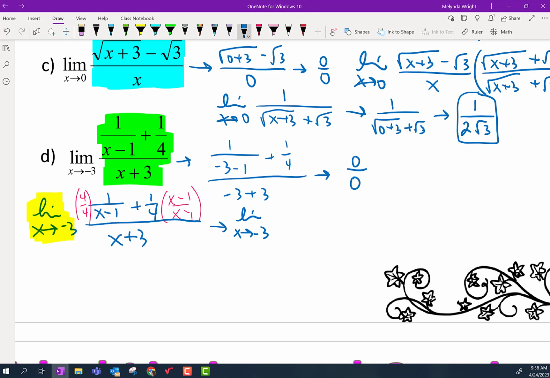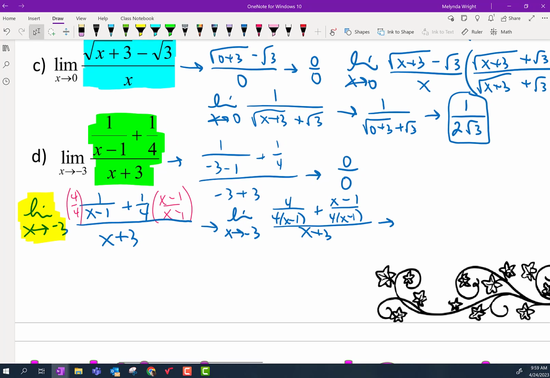All right, so let's fix this. So you've got 4 over 4 times x minus 1 plus x minus 1 over 4 times x minus 1, all over x plus 3. Okay, that's just my common denominator step. Now we're going to add those fractions together. So what do we have?